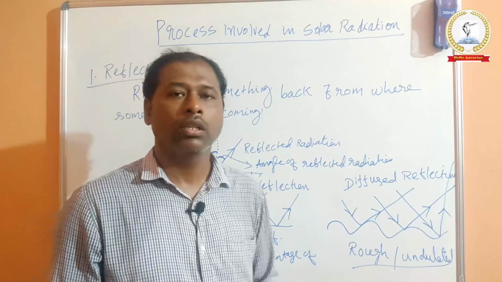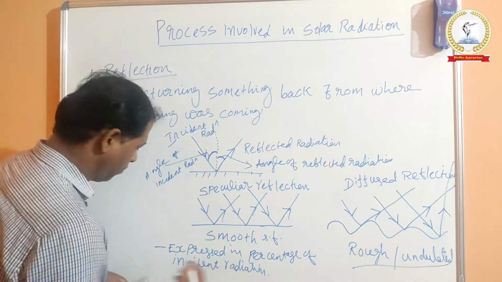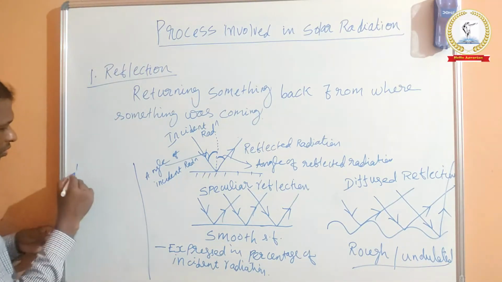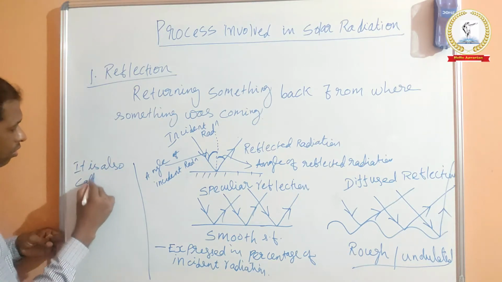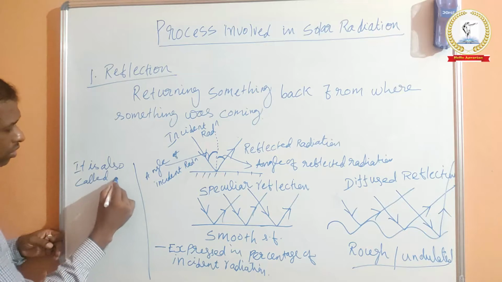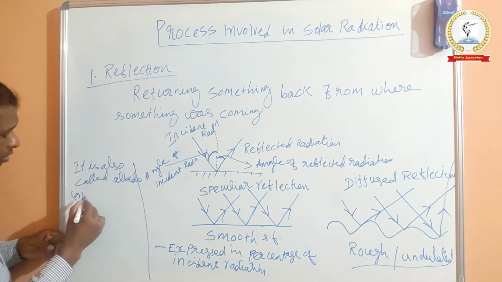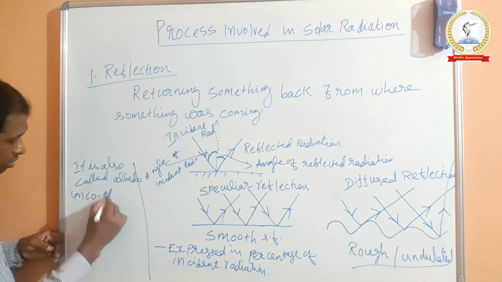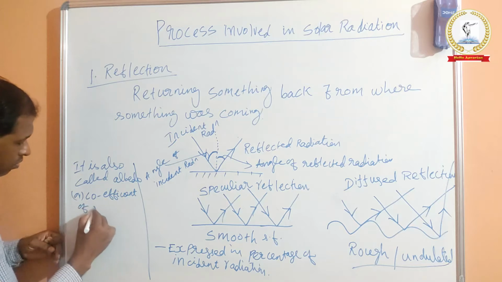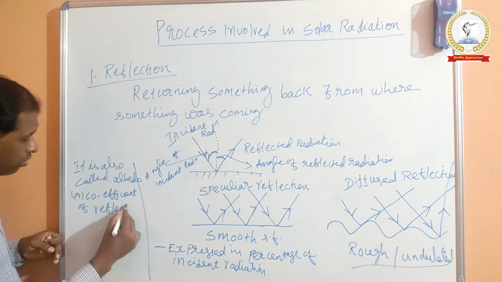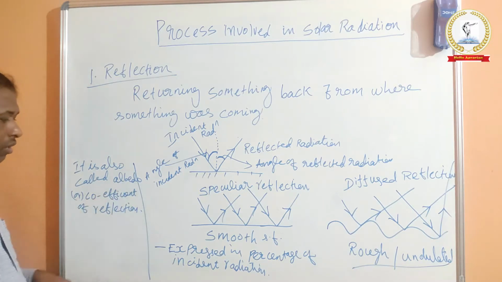It is also called albedo or coefficient of reflection. In our last video we have seen about this albedo.